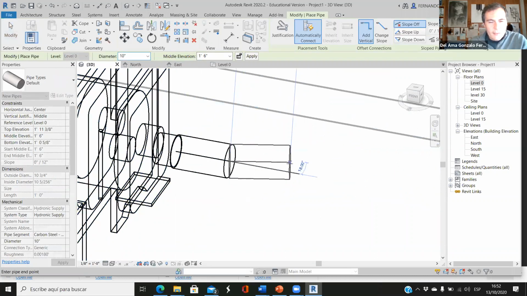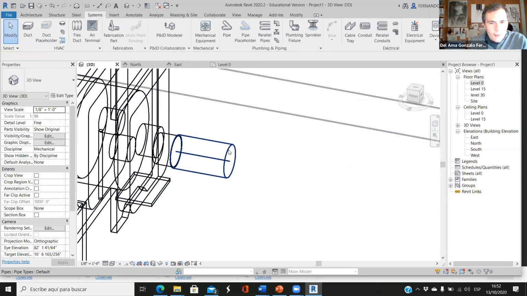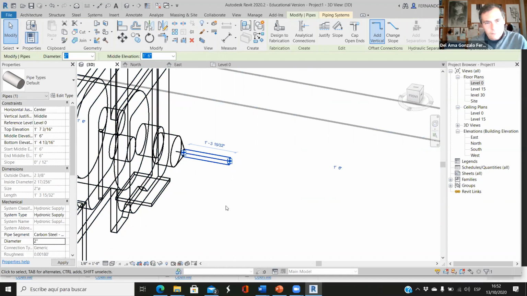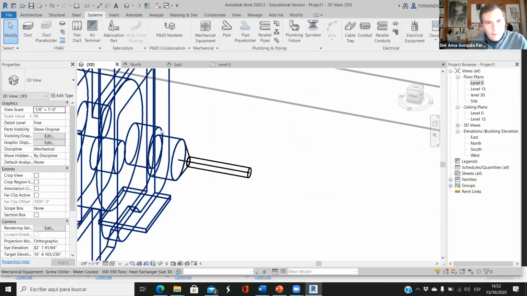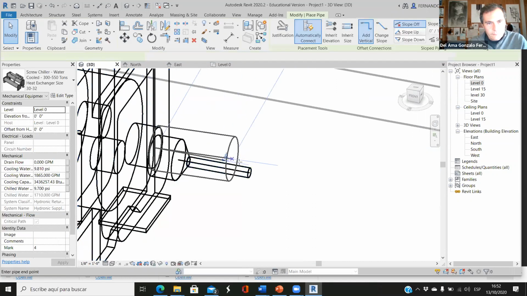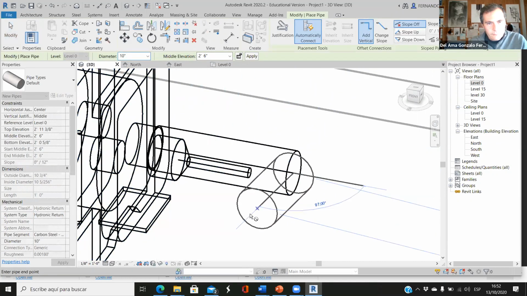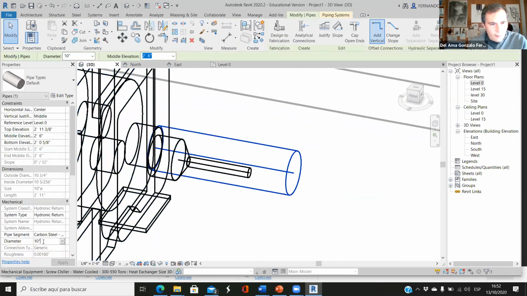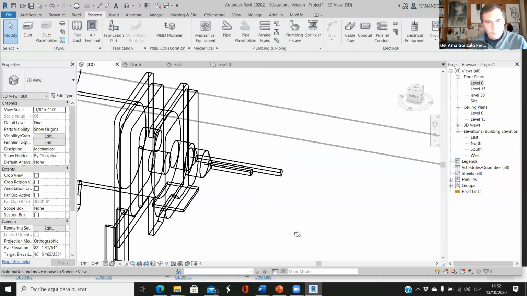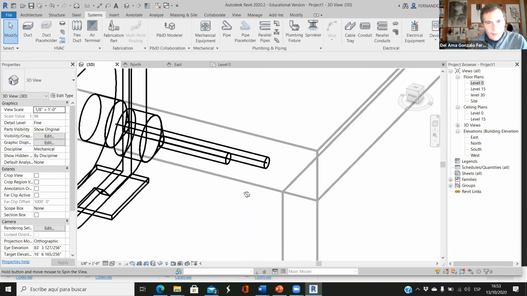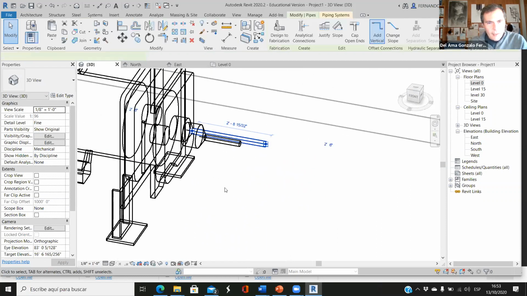Well, we have this, but we can reduce this to 2 inches. There you go. And then this one. So again, that should be 2 inches. There you go. Okay. So now we have a hydronic supply and a hydronic return.